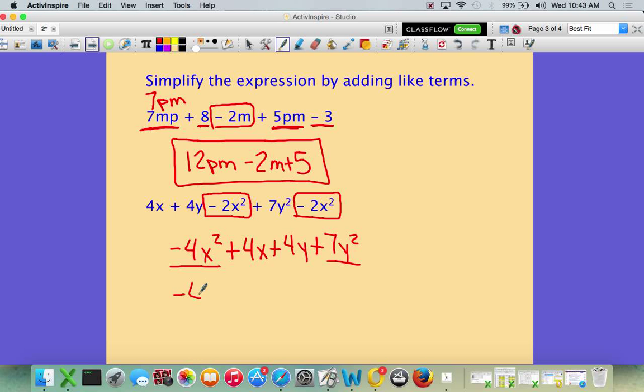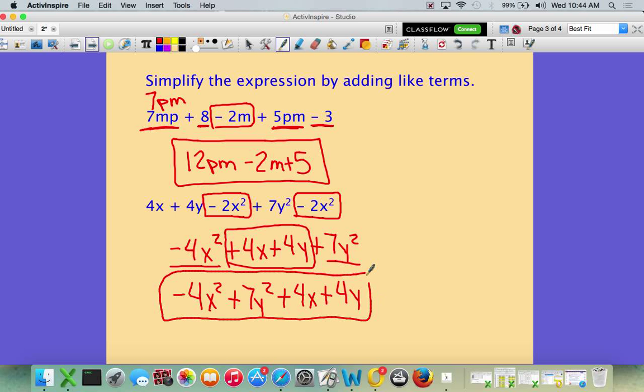So our negative 4x squared would come first, then our 7y squared comes next. If you look at these two, they both have a degree of 1. Well, which one comes first? Again, it is alphabetical order, so the x comes before the y. This would be the most correct answer.